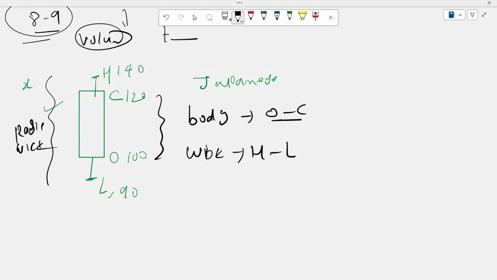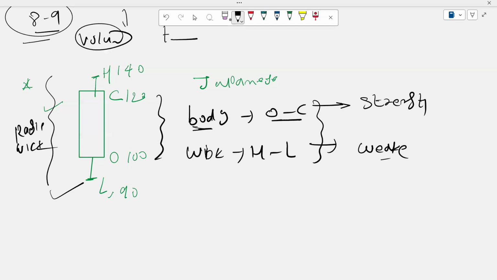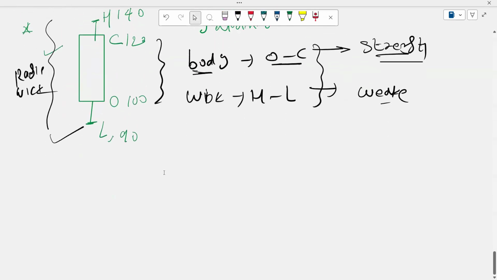The body denotes strength, and the wick makes a stock weak. The more the wick, the weaker it is. The bigger the candle body size, the stronger it is. Now a mathematical term is also there, body to wick ratio.